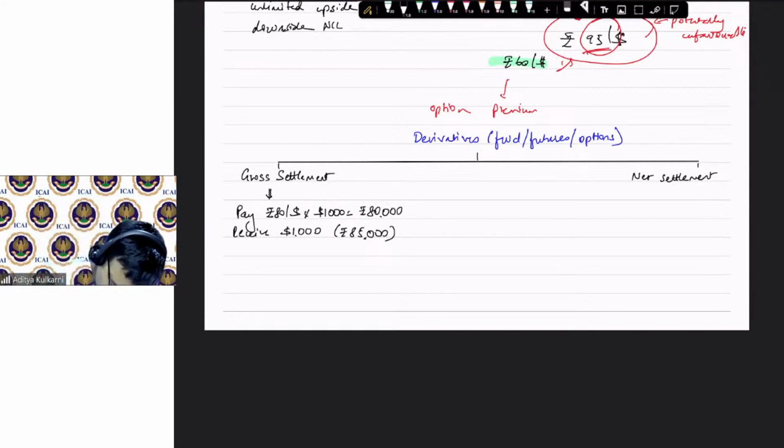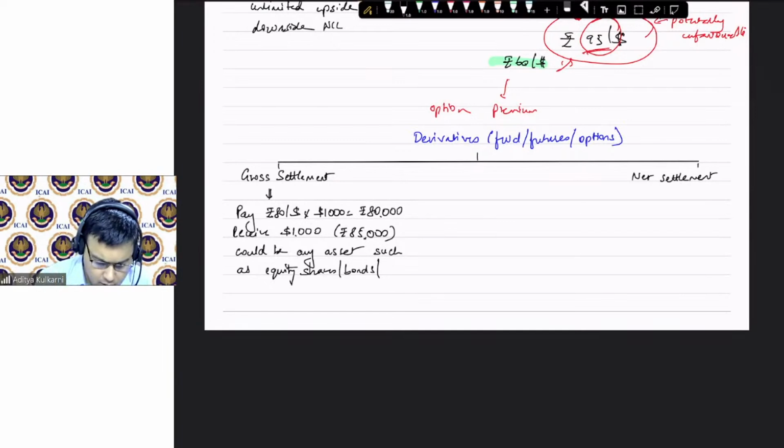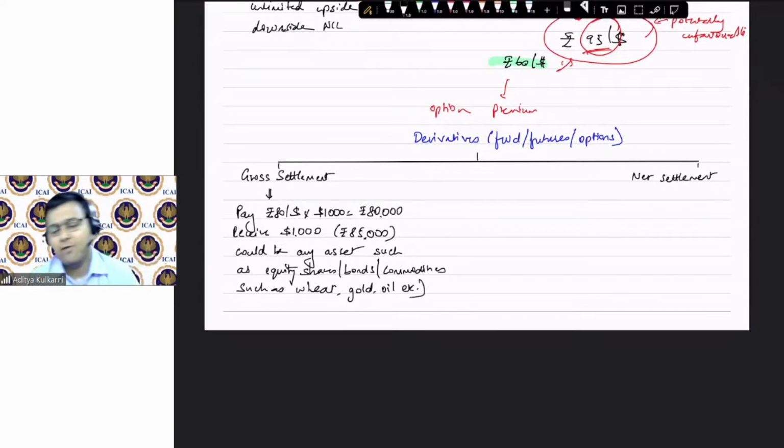Okay, so you can write here: could be any asset such as equity shares, bonds, or it could be even commodities, such as wheat, gold, oil, etc. Have you understood gross settlement?